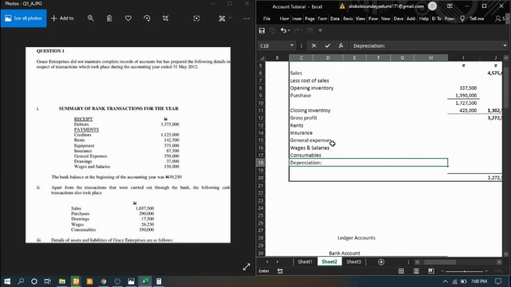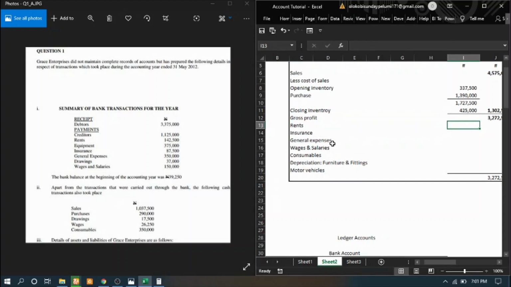We have depreciation for furniture and fittings, and we also have depreciation for motor vehicle.